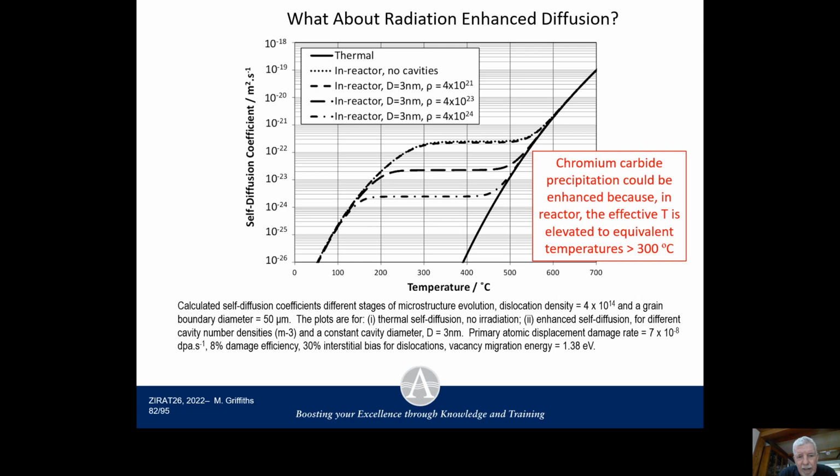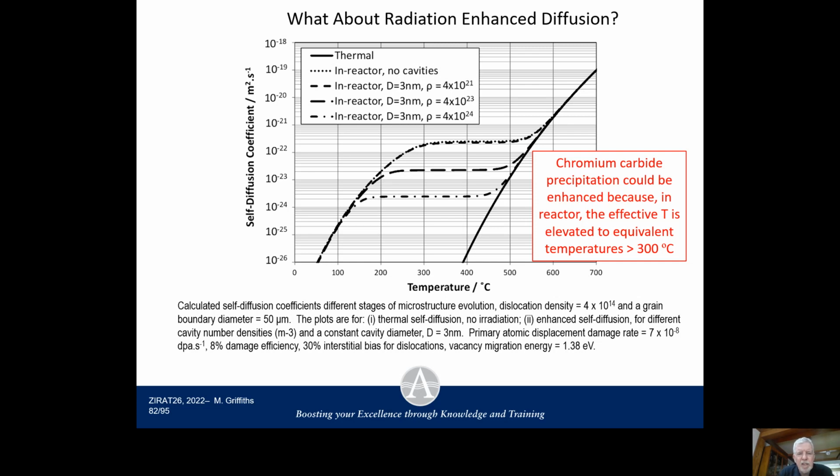And this is what I did using some data for diffusion for iron 22% chrome. And then what you see is that you could very easily get a situation where, even though you're at 300 degrees C, the effective irradiation, albeit variable depending on what the microstructure is, is to put you into a zone which is the equivalent of being between 500 and 600 degrees C.